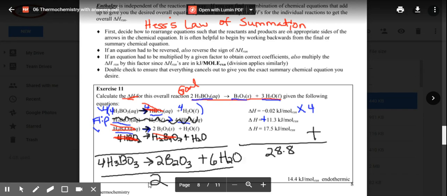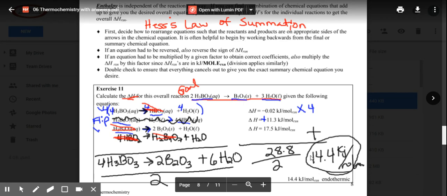Because I had to divide this whole equation by 2 at the very end to match my goal equation, I'm going to have to do that same exact thing to this total delta H value as well. So 28.8 divided by 2 is equal to a positive 14.4 kilojoules per mole reaction.